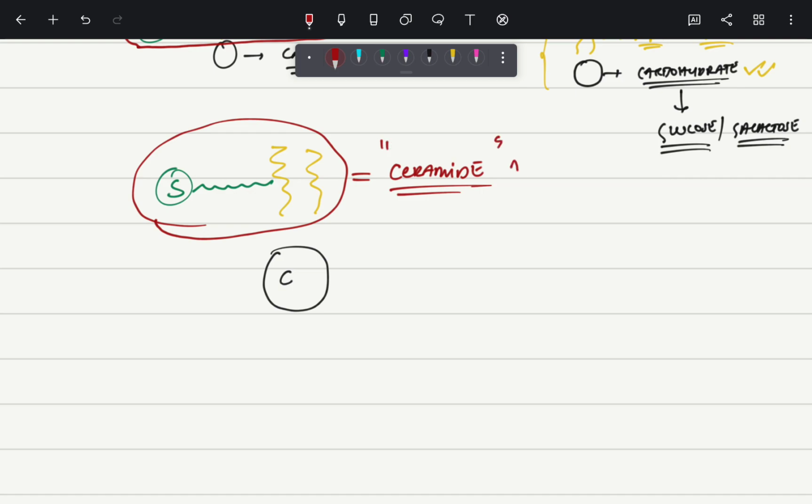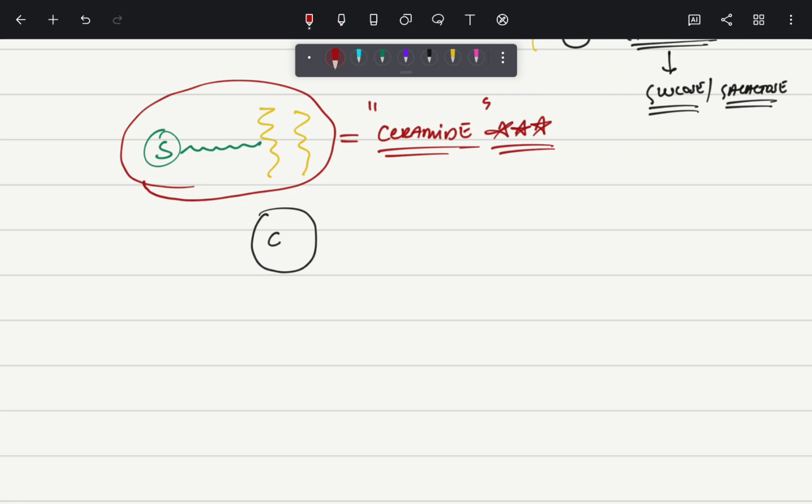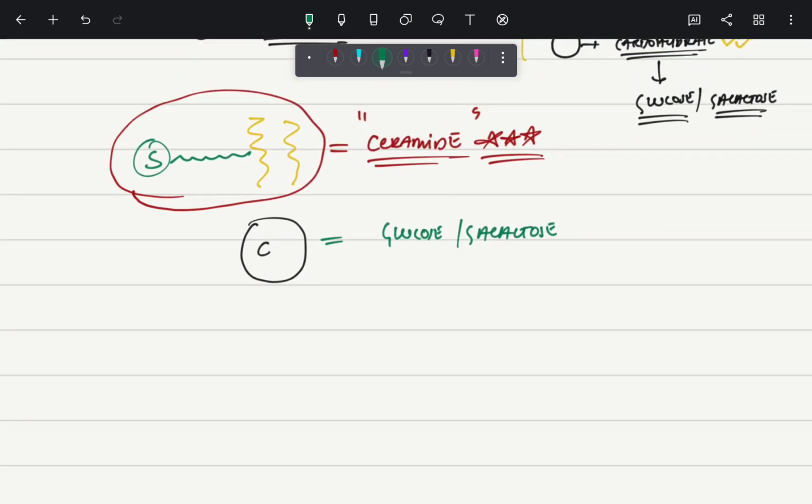Okay, this one is very important. And the carbohydrate can be glucose or galactose. So based on this, sphingosine and fatty acids are called your ceramide, and the carbohydrate component can be glucose or galactose.